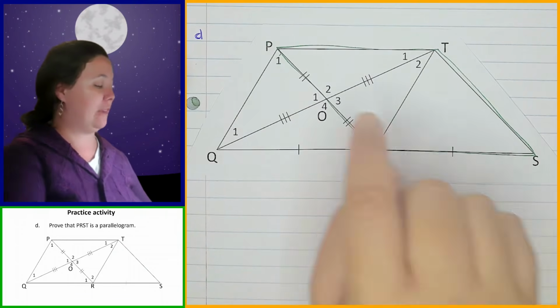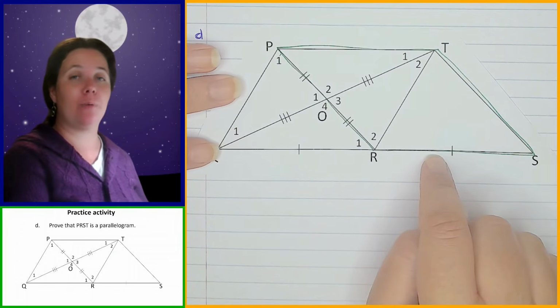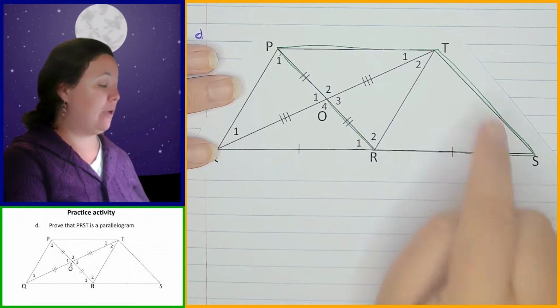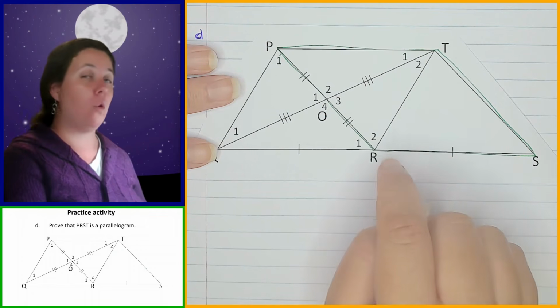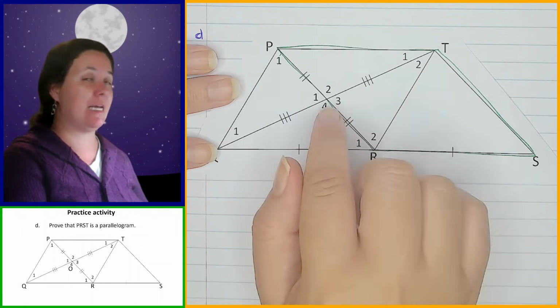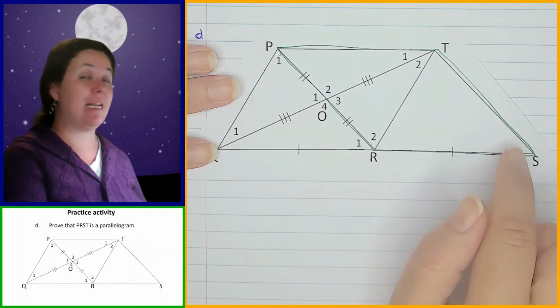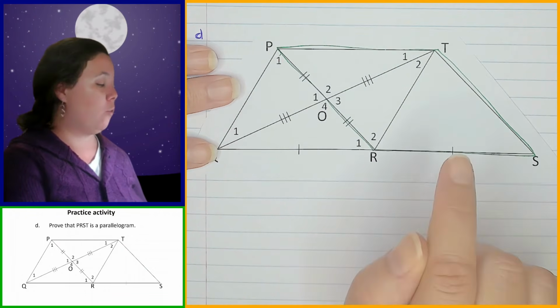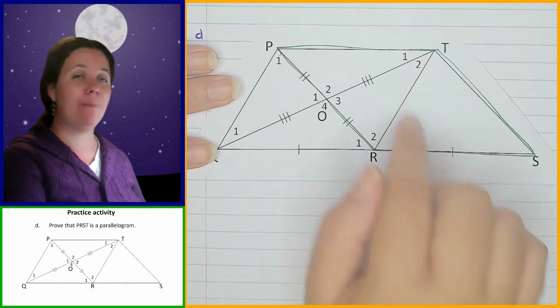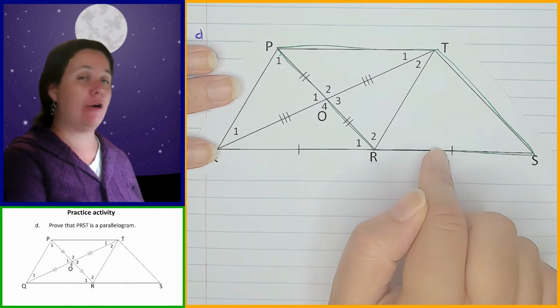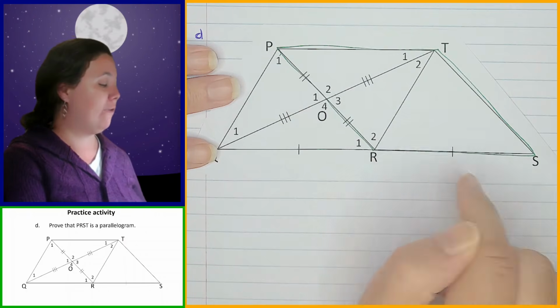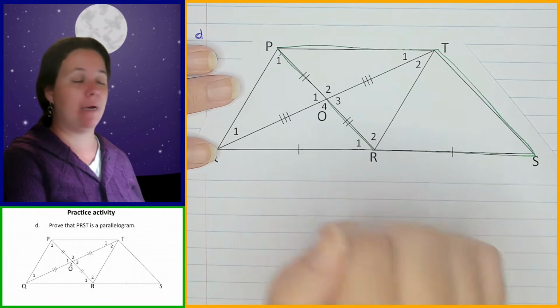If we can prove that there are two pairs of opposite sides that are parallel, then we know that it's a parallelogram. Or if we can prove that two pairs of opposite sides are equal, or if we can prove that two pairs of opposite angles are equal, or if we can prove that one pair of opposite sides is both parallel and equal, or if we can prove that the diagonals bisect each other.